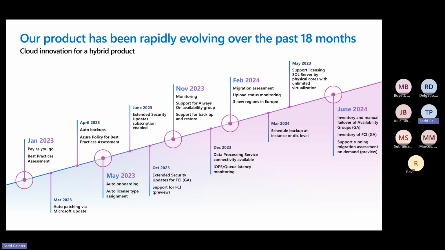But what we do see is that when people get exposed to the Azure portal via this, which you're going to see in a moment, the mystery becomes a little less about what the cloud exactly is for the people who aren't there yet, right? And so for us, this is a big strategic move to keep investing in this, because we know that the more people that use this, the more people move to the cloud. So this slide shows all the investments that have been made over the last couple of years, and that's going to continue.